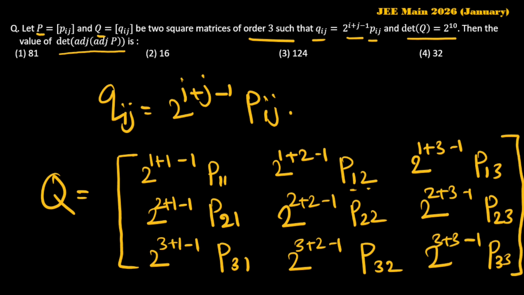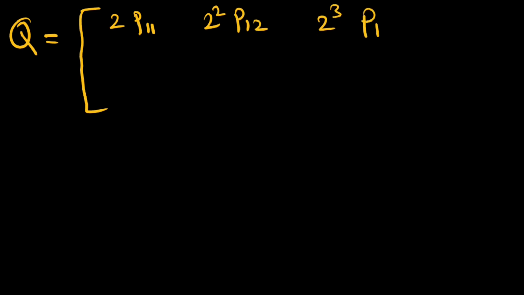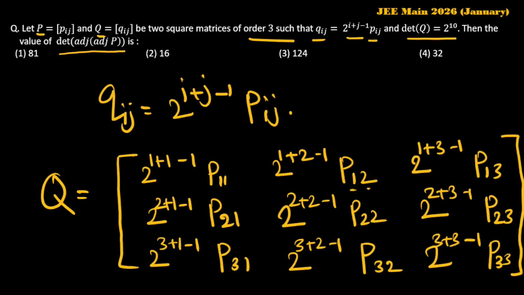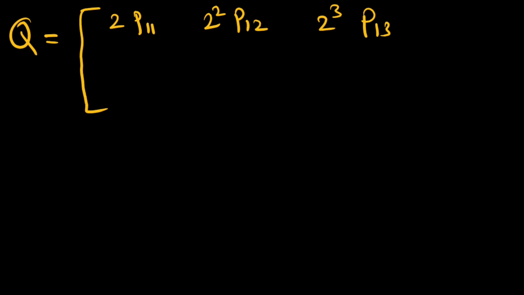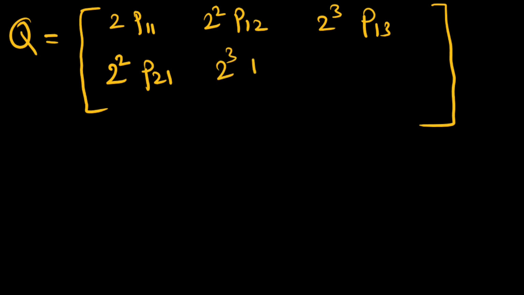Now we simplify it. If you calculate each term of this matrix Q, we get the first row 2 P11, 2 square P12, 2 cube P13. Second row is 2 square P21, 2 cube P22, 2 power 4 P23.